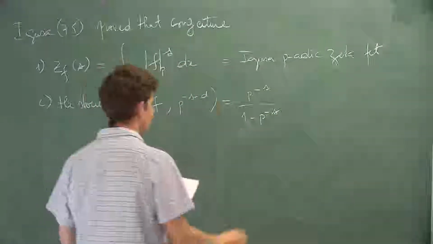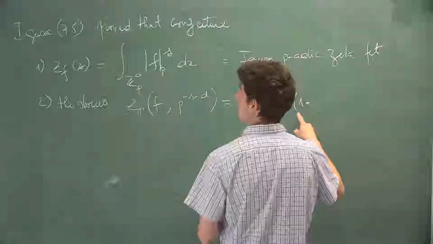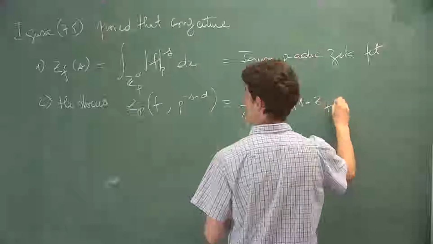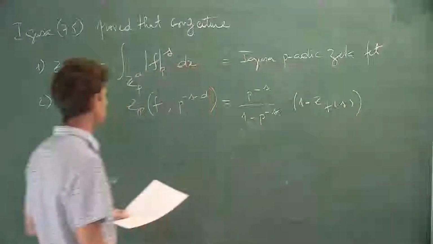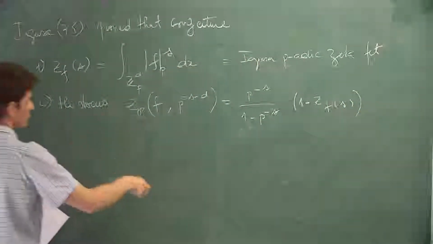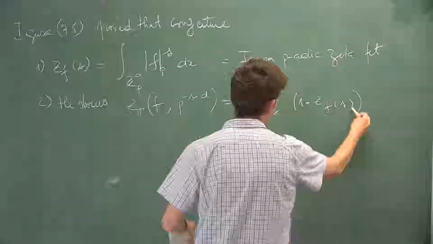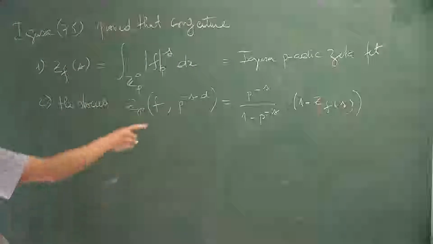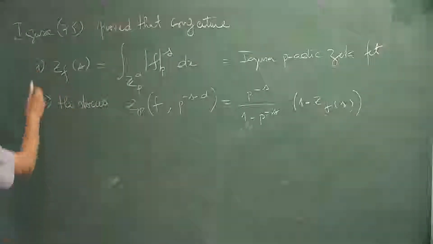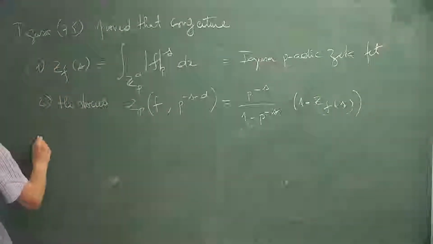So you have this rational form, 1 minus something. So to prove the rationality of that zeta function, it's enough to prove the rationality of this motivic zeta function. So then we focus on that.